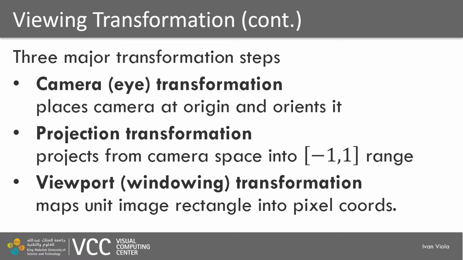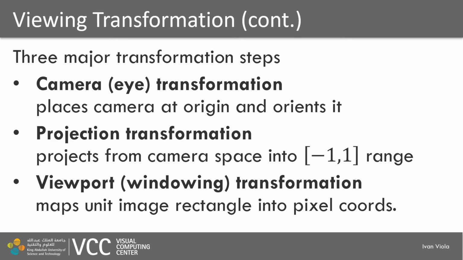So each point will have the world coordinates x, y, z, and the transformation which brings them into the world coordinates is essentially the modeling transformation. And from then on, we will be applying the viewing transformation to map them onto the pixel coordinates.